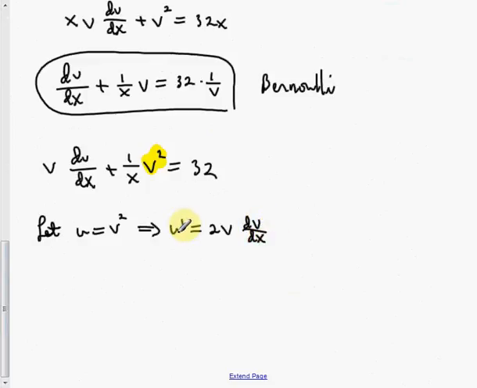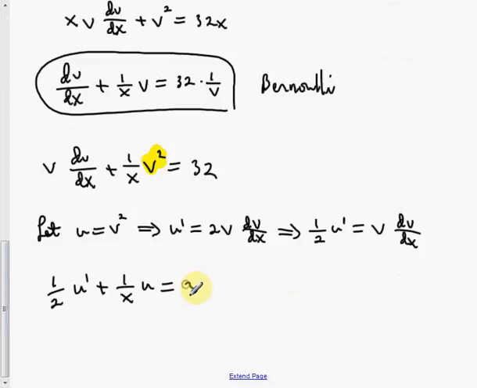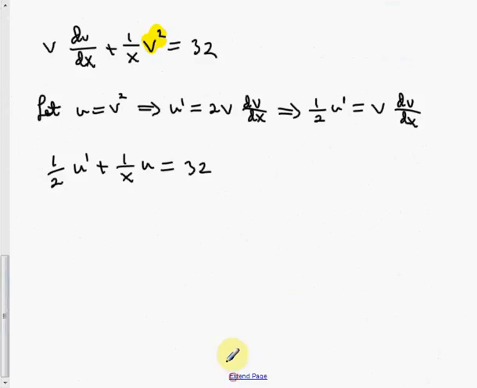So 1/2 u prime picks up the v dv dx. So I have 1/2 u prime plus 1 over x times u is equal to 32. Multiply everything by that 2.